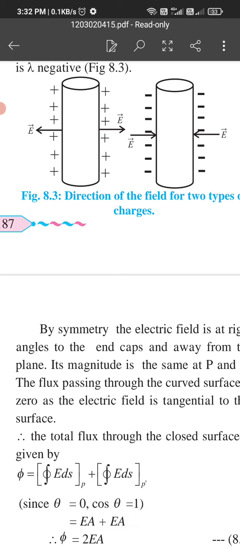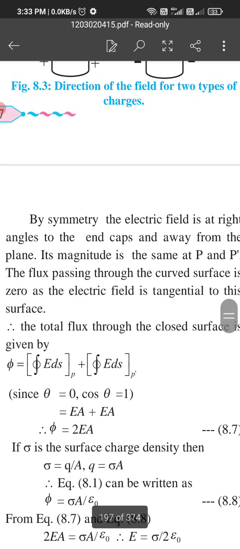The total flux through the closed surface is given by phi is equal to integral E ds at point P plus integral E ds at point P dash. Since theta is equal to 0, cos theta is equal to 1, so phi is equal to EA plus EA, phi is equal to 2EA. If sigma is the surface charge density, then sigma is equal to Q upon A, therefore Q is equal to sigma A. So the first equation can be written as phi is equal to sigma A upon epsilon naught.